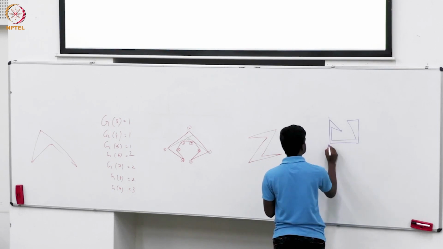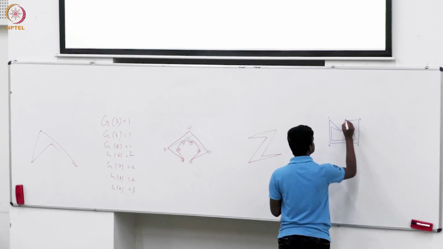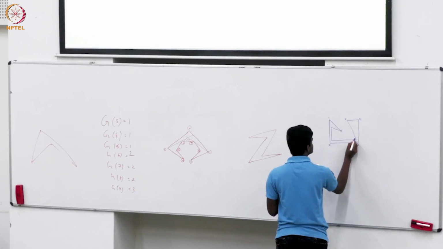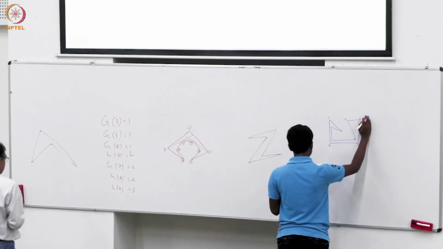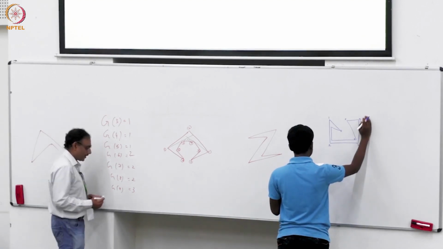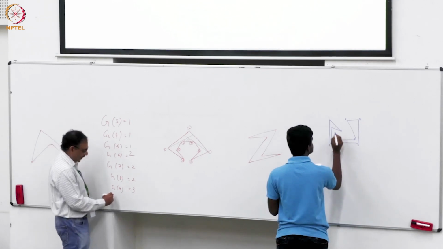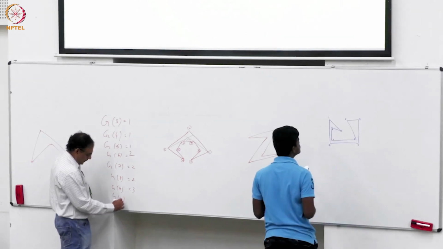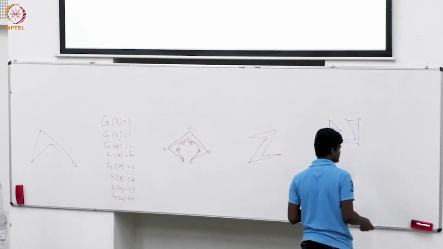What is G of 100? 100 by? So 100 by 3, basically you have to take the integer component of 100 by 3. So that is exactly it. If you keep on going, of course if you want to draw a shape, it could be a little difficult.